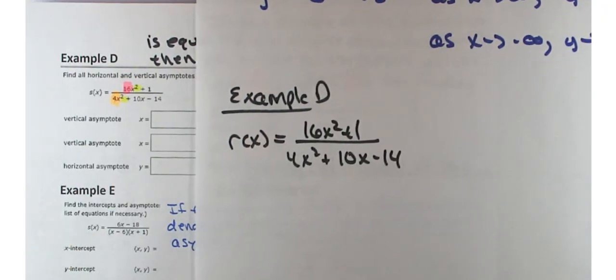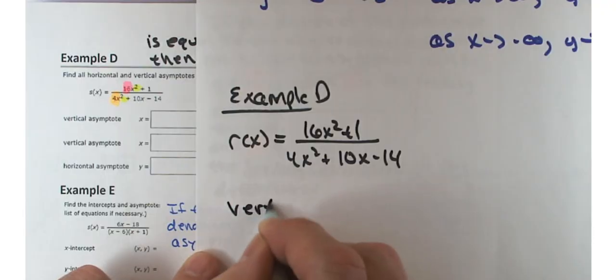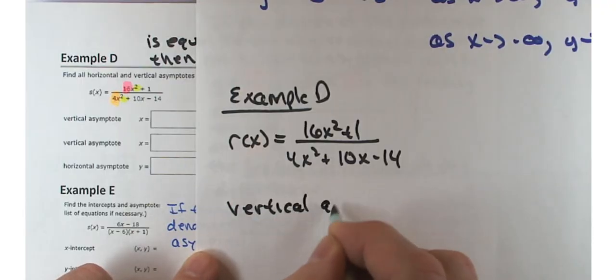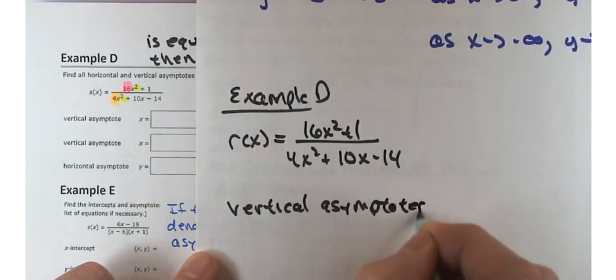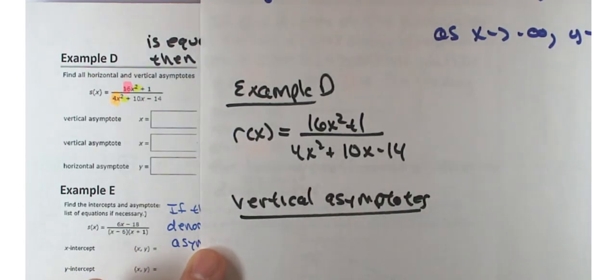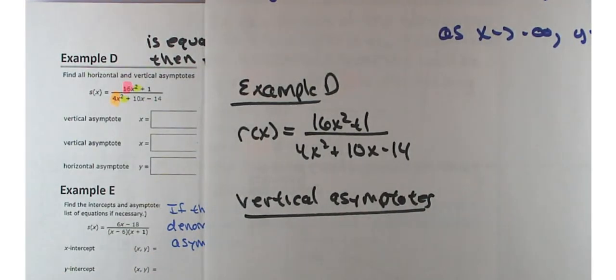First things first, if we want to find the vertical asymptotes, what do I have to do? What should I do to find the vertical asymptotes? Griffin, any suggestions?